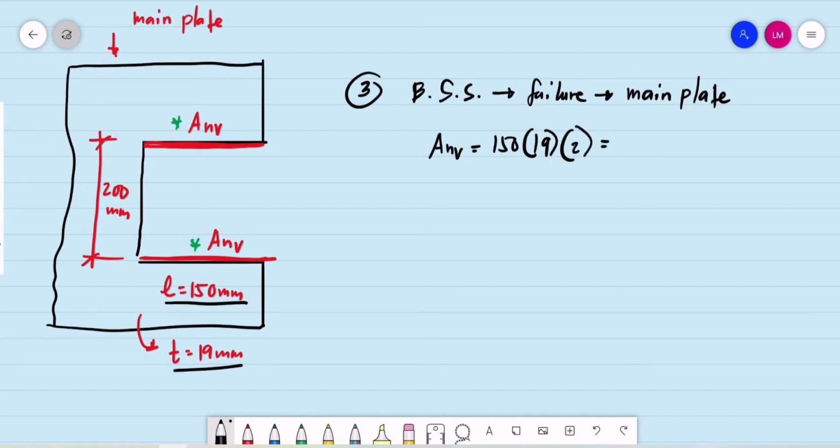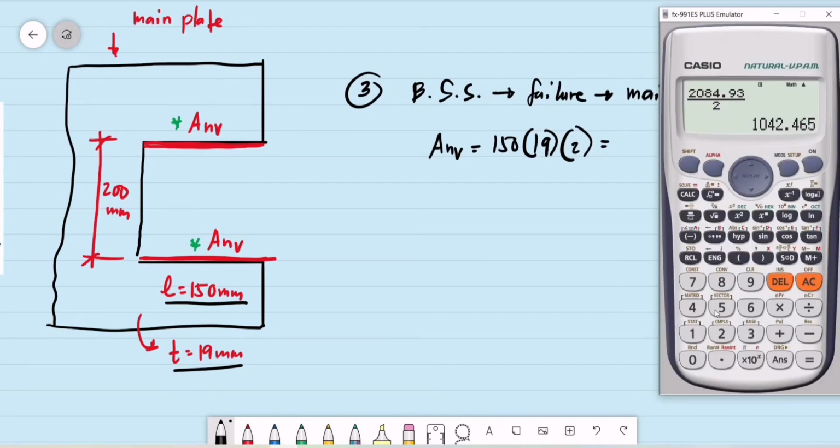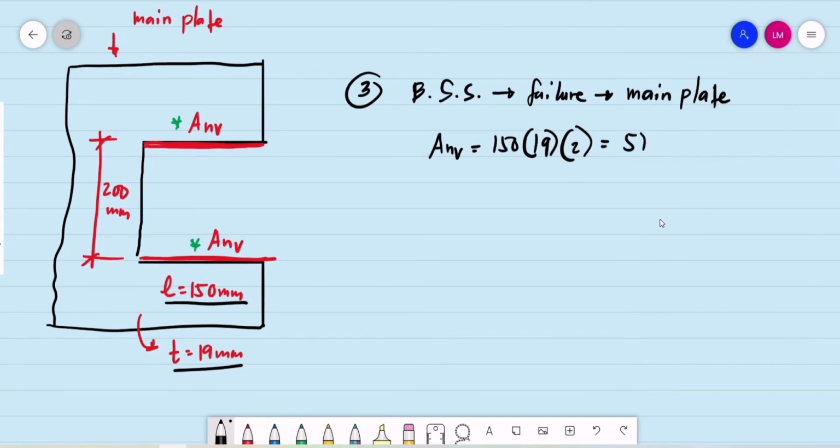So we have 150 multiplied by 19, then multiplied by 2, that is 5,700 square millimeters. That is the cross-sectional area of the main plate that will resist shear force.